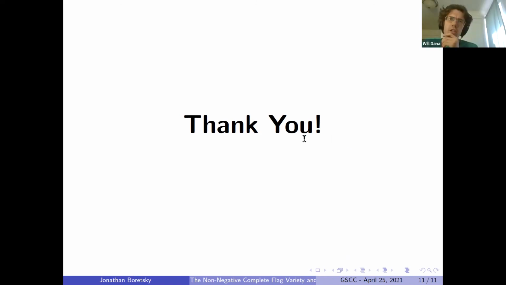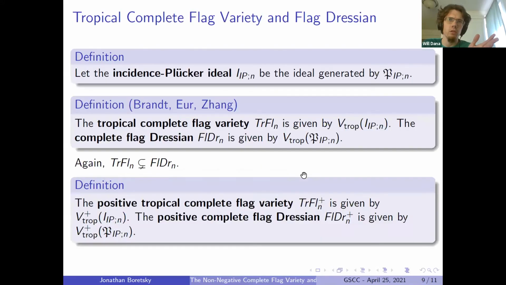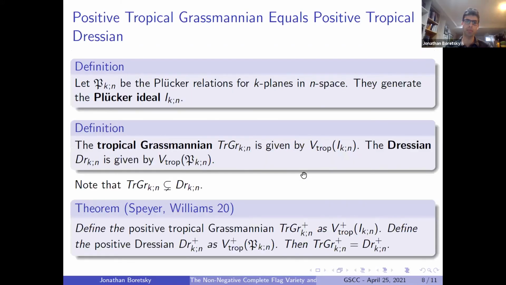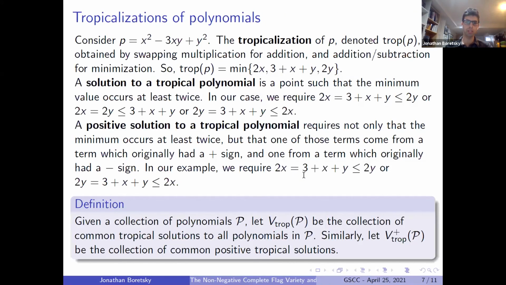What is the motivation behind the definition you gave of a positive solution to a tropical equation? Yeah, that's a great question. There is another definition of a positive solution, which makes the notion of positive much more obvious. And that comes from looking at Puiseux series, and you're looking at ideals over the Puiseux series.